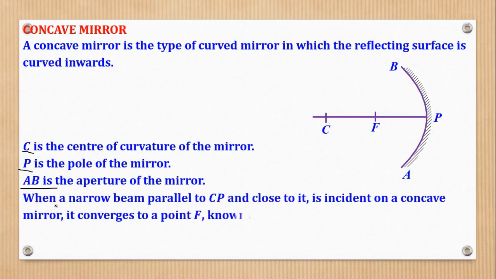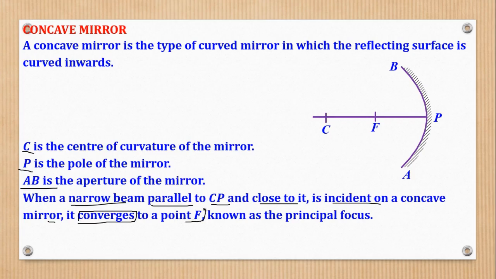Now we say that when a narrow beam parallel to CP, which is the principal axis, and close to it, is incident on a concave mirror, it converges. This is where the word converging mirror comes from. It converges to a point capital F, known as the principal focus of the mirror.